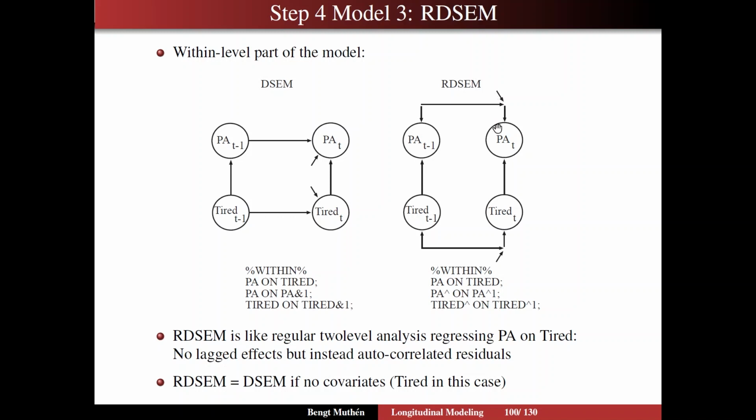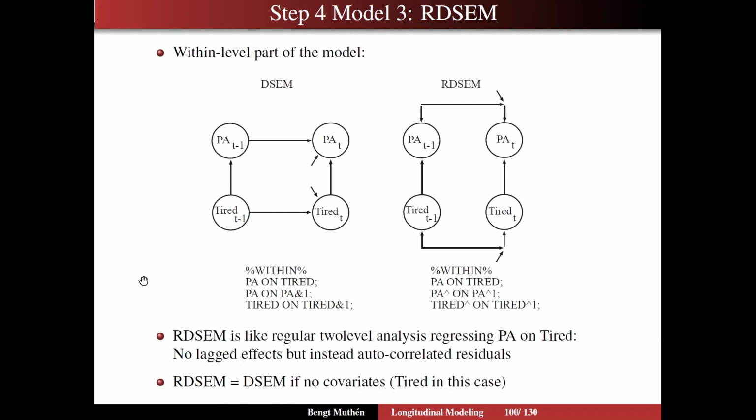And we do the same thing for tired. So substantively, this is a different thinking of the processes. PA on tired is specified like before, but this residual now is specified as PA hat, regressed on PA hat 1, which is one lagged earlier, one time point earlier. Same thing for tired.